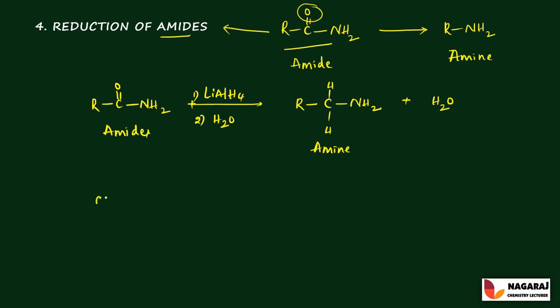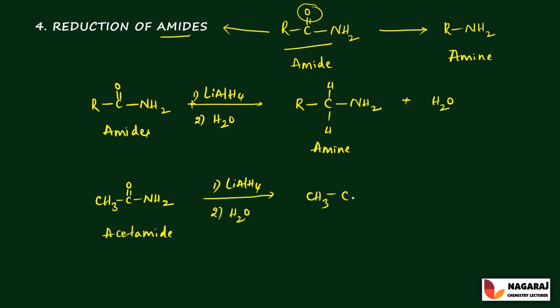For example, let us take CH3-C double bond O-NH2. This compound is called acetamide. CH3CO is the acetyl group and it is an amide. So acetamide, on reduction with lithium aluminum hydride followed by hydrolysis, gives the product CH3, with the CO group converted into a CH2 group, and then NH2.